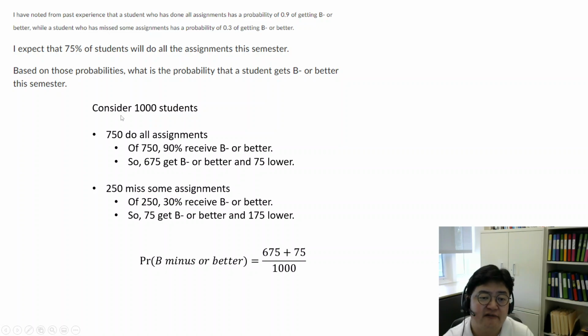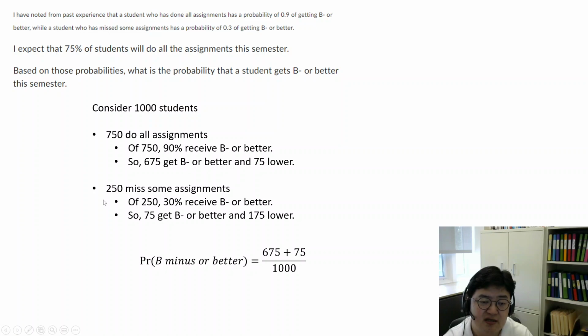Then out of 750 students who try all quizzes, 90% will get B- or better. 90% of 750 equals 675. So 675 students would get B- or better because they did all their assignments.